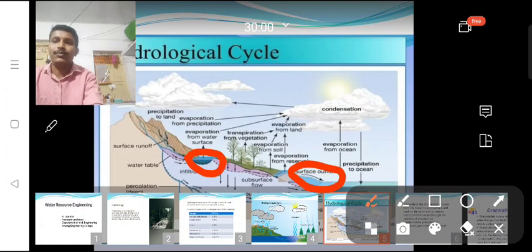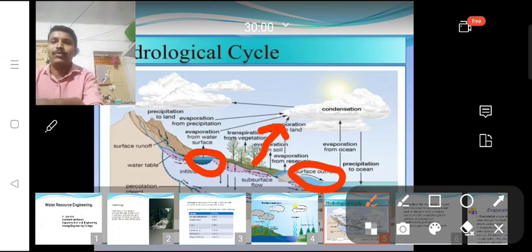It occurs due to absorption of heat from the solar radiation from the sun. The water is gradually heated and evaporated from the water bodies, and evaporation from the trees and plants vegetation is called transpiration.